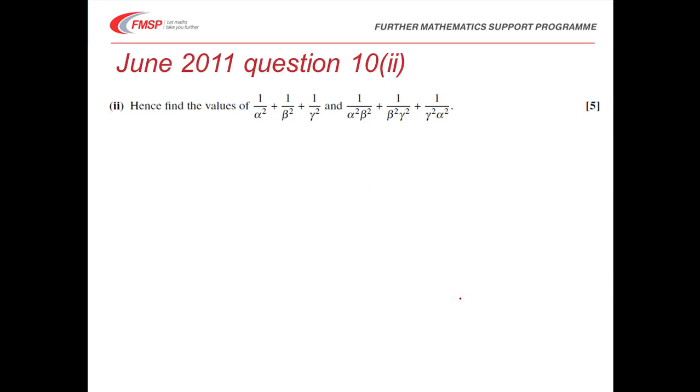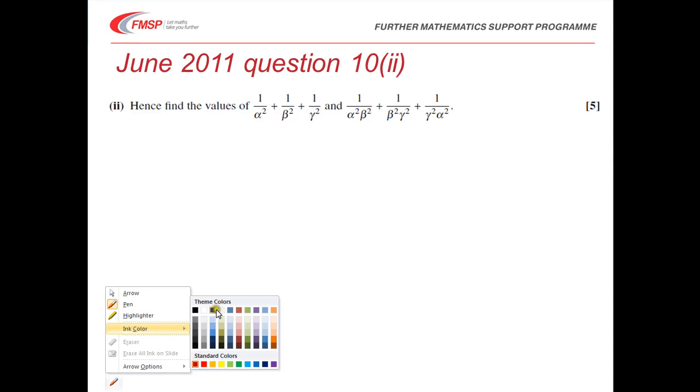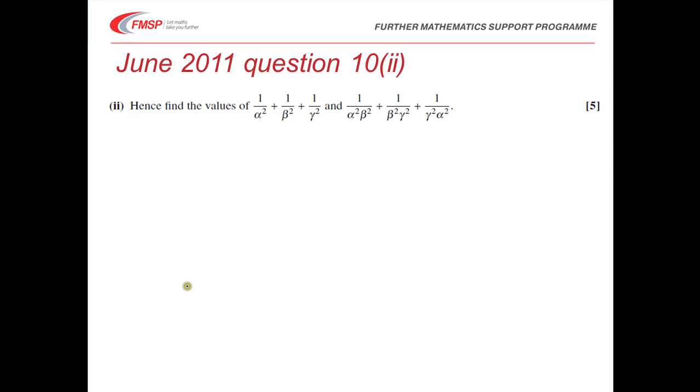If we then look at part 2 and notice it does say hence, so we are expected to use the result that we've got in the first bit. And of course you needed to see that we used the substitution x equals 1 over root u. Now that implies that u is equal to 1 over x squared.